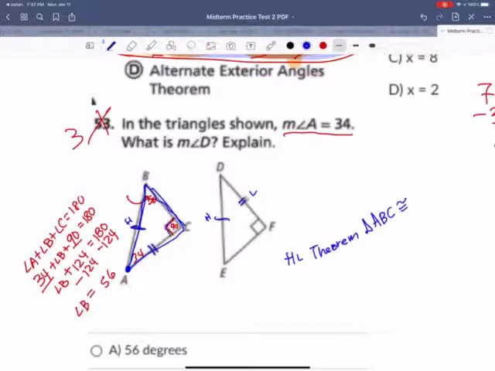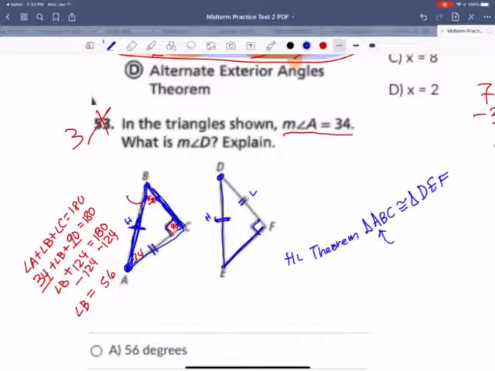So I have to start with an angle that's 34. I don't know which one that is, but I have to finish off at the right angle. And notice, to go to ABC, I went across this one and then across the side that didn't have a mark. So I actually have to go this way, across the one and then across the side that doesn't have a mark. So DEF.